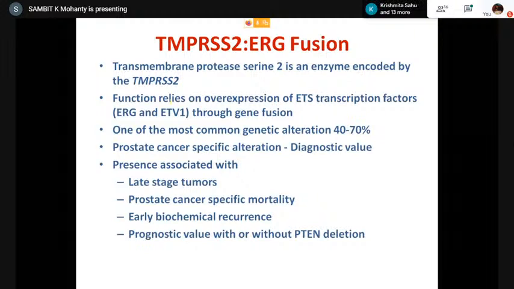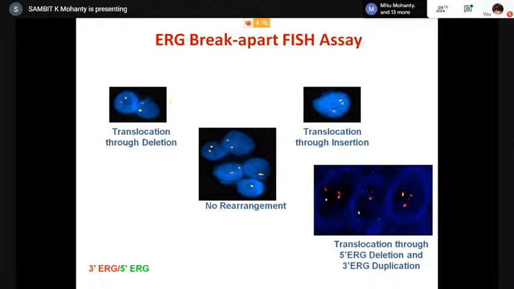Its presence is associated with late-stage tumor, early biochemical recurrence, prostate cancer-specific mortality, and if it is associated with PTEN deletion, it is again worse. So ERG we can see by break-apart probe. If the two signals are fused, there is no problem. If the signals are separate, the red is the ERG signal, separate means it is broken apart and has translocated, fused to somewhere else.